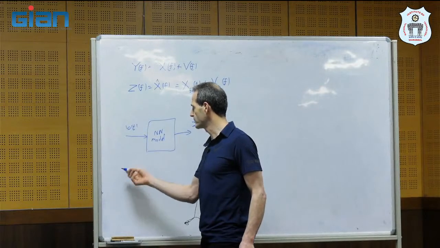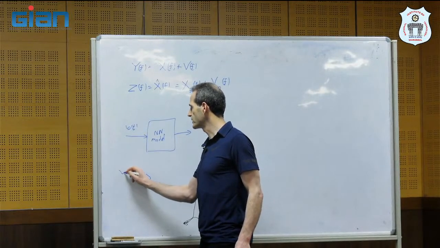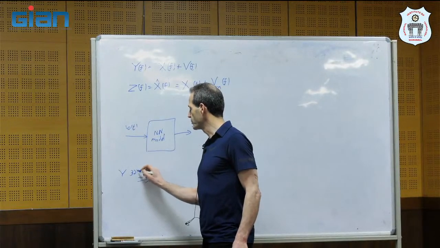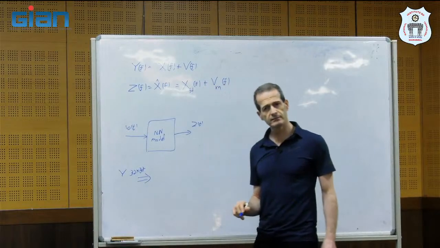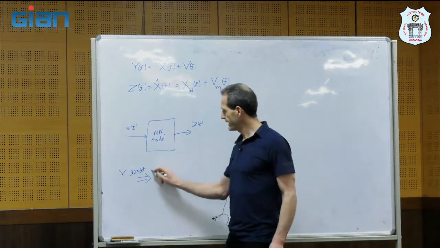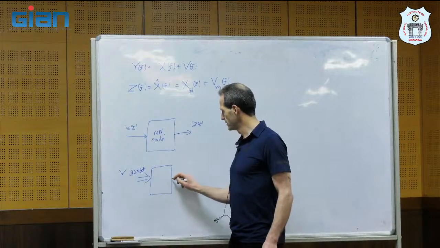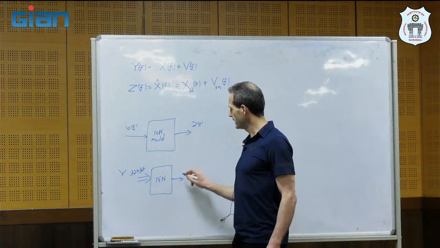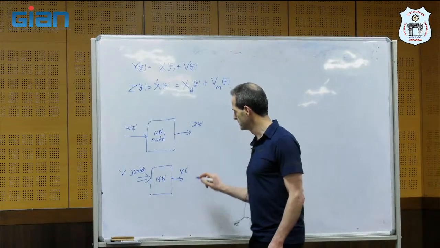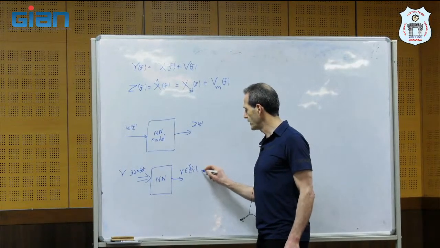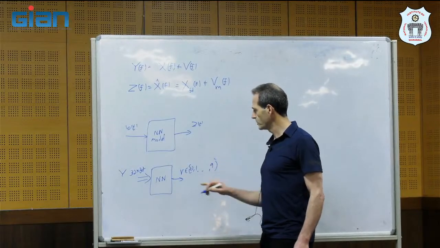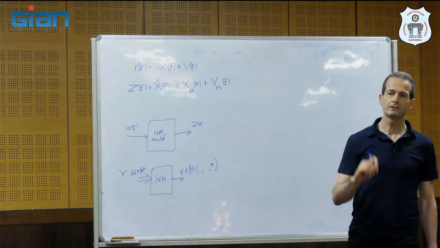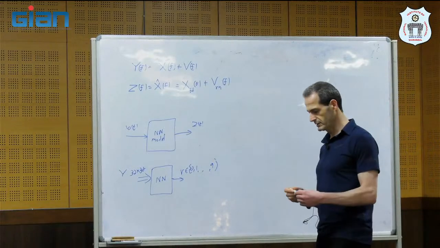So we have classification. So we have an image, okay? So here we can have an image, let's say Y, that is 32 by 32 pixels. And this will be a neural network. And the output will be R, which is 0, 1 to 9. So we need to know what the digit is for handwritten digits.